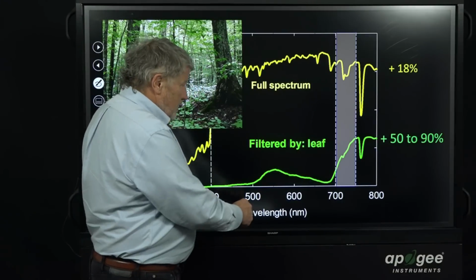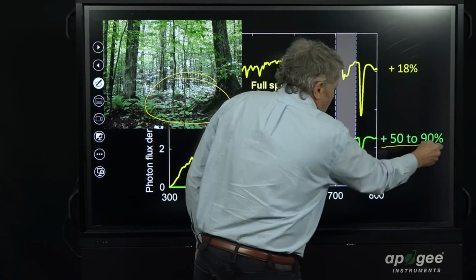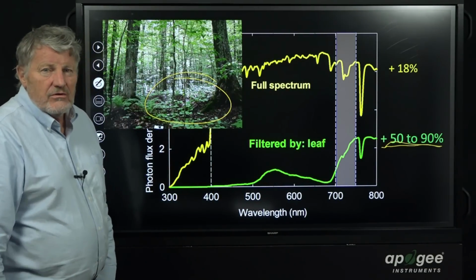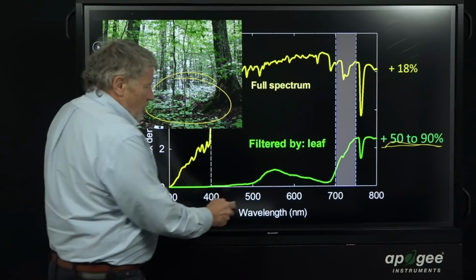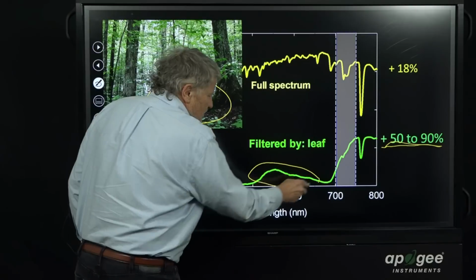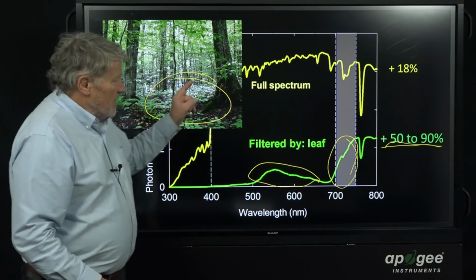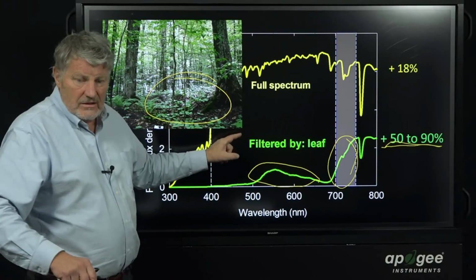So suddenly, for these understory crops in here, wow, more than half of their photons are far red photons. This has huge implications. Are we only going to count these photons in here green, or are we going to count all of those photons? So we made measurements of understory crops filtered by leaves.